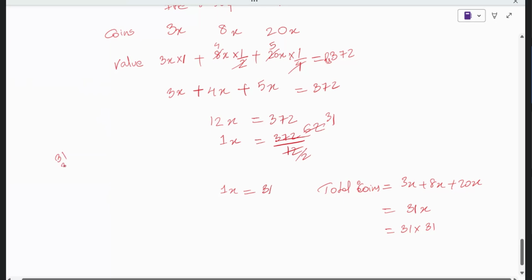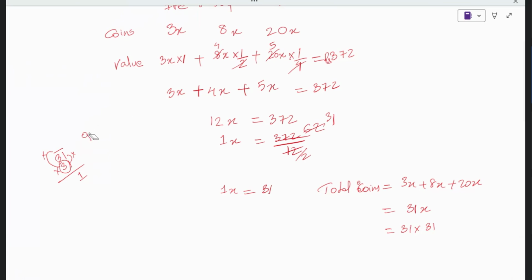31 squared, oh, it's very easy, right? You multiply here. 1 times 1 is 1.